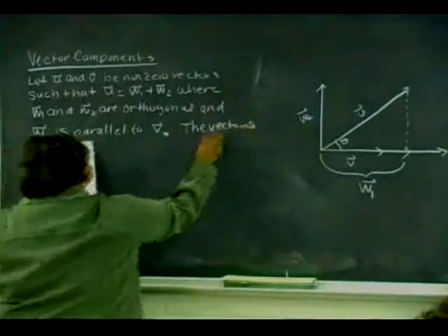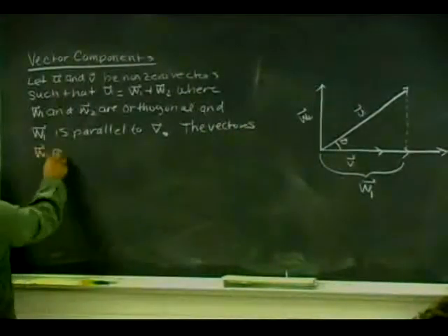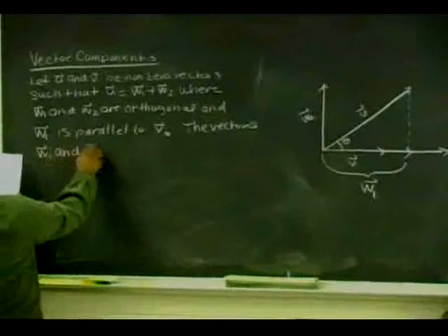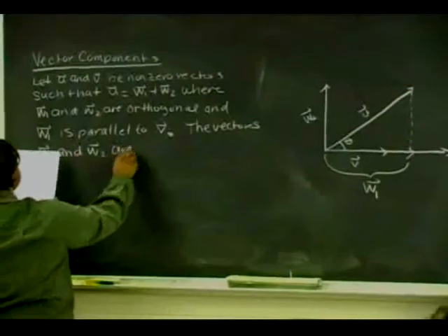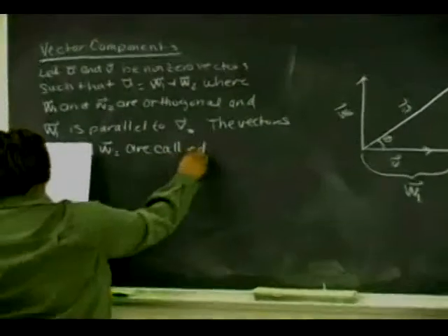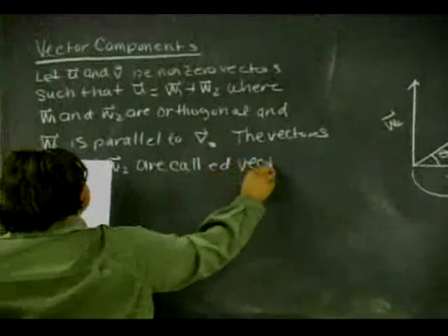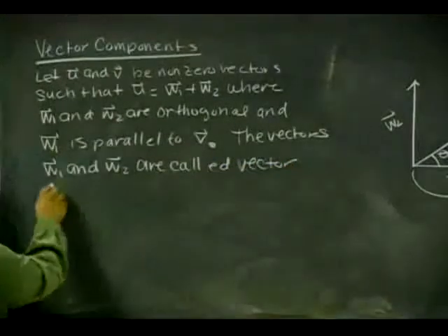The vectors W1 and W2 are called vector components of U.